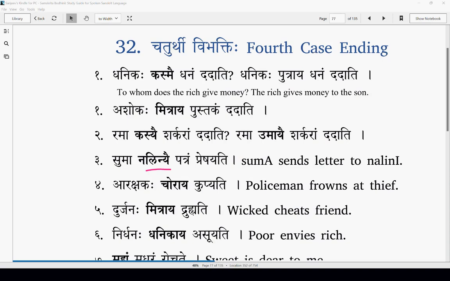So these examples, dadati, dadati, dadati. So these are giving. Preshayati, sending. Suma Nalinyai patram preshayati. She is sending something to Nalini. Then, other than these words which mean giving or sending, another example of giving is distributing, vitarati.